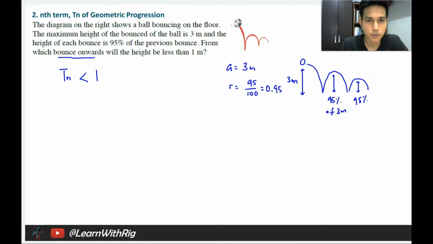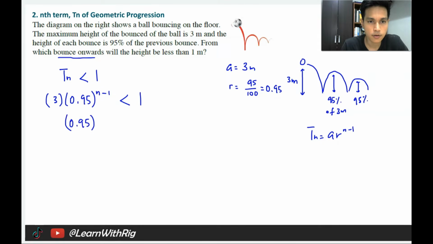You already know that Tn equals AR to the power n minus 1. A is 3, R is 0.95, n you don't know, minus 1, and this should be less than 1 meter. So I'm going to shift the 3 first. So 0.95 to the power n minus 1 is less than 1 over 3.